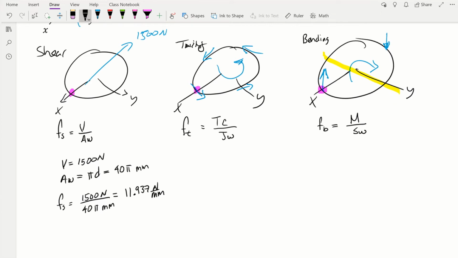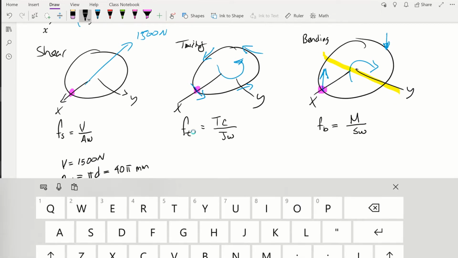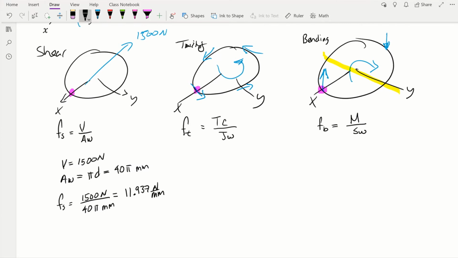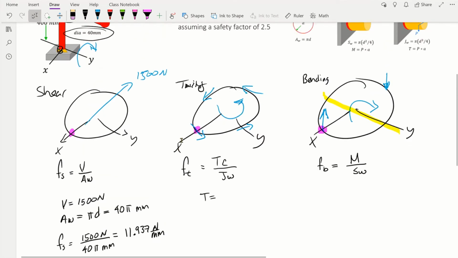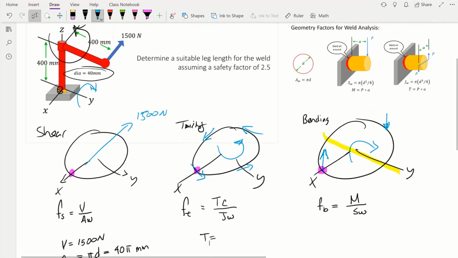Okay, next one is the force due to twisting, right? So let's go ahead and figure out, first, the torque. What is the torque acting on it? Remember we're calculating the moment about the z-axis.